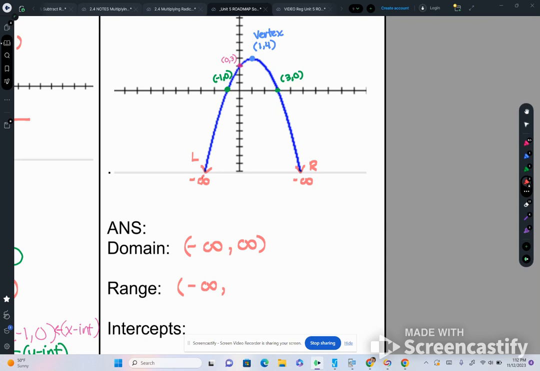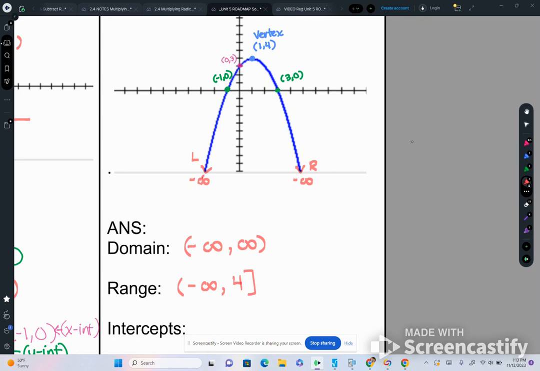And so it started at a point and went up to infinity. Now, because it's going down forever, it goes from negative infinity and then comes up, and it stops at your vertex point. So I always have a y value until I hit the y value of my vertex, which is 4. And so then I have my bracket because 4 is a point on the graph.